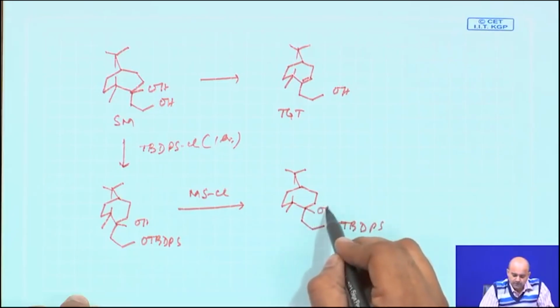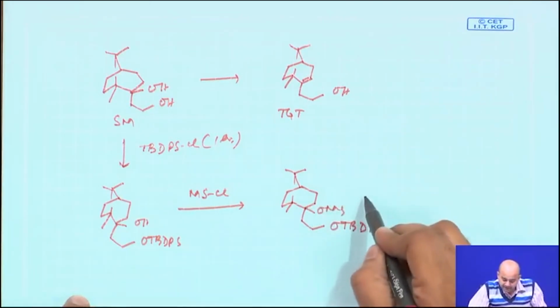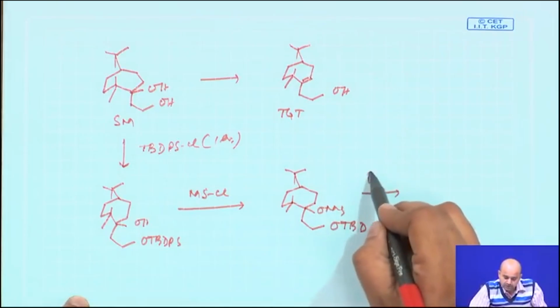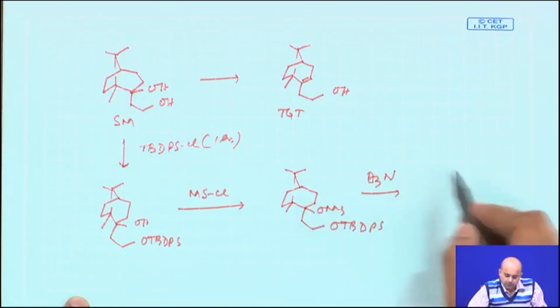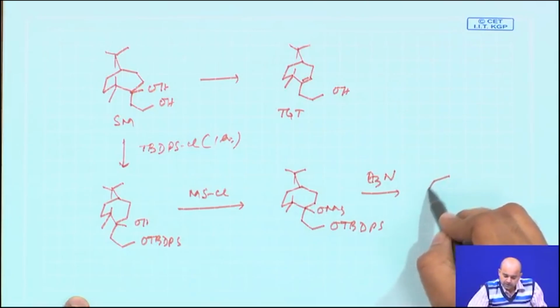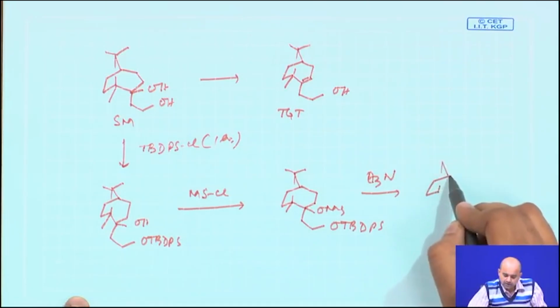Convert to O-mesylate and then heat with a suitable base. This undergoes E2 elimination and there you will find the olefin.